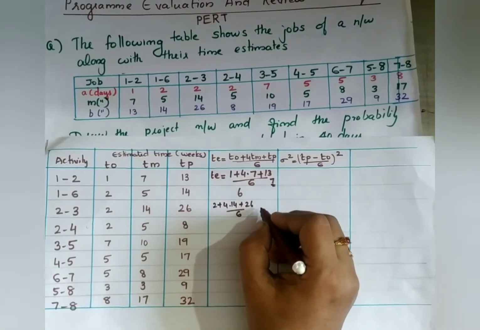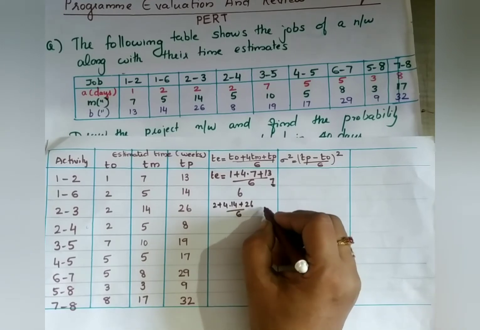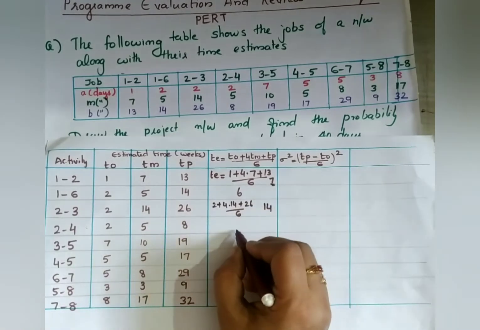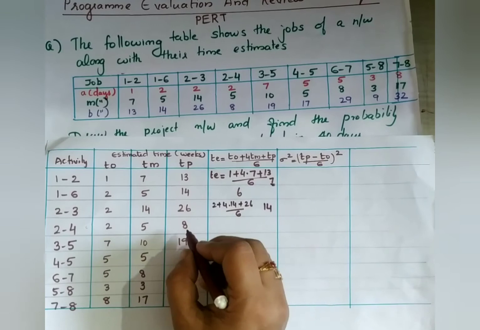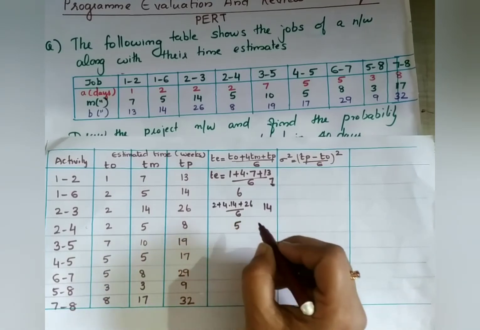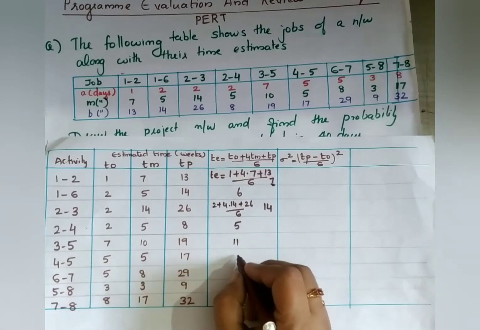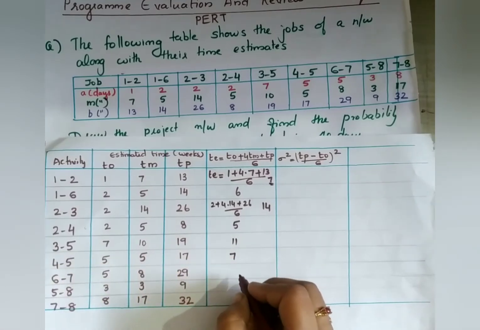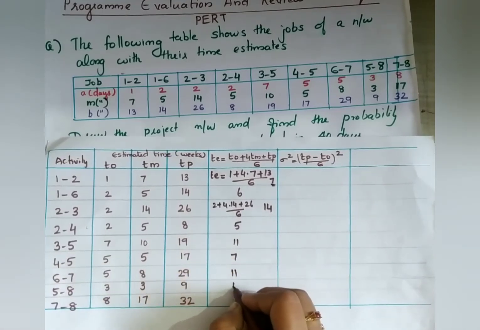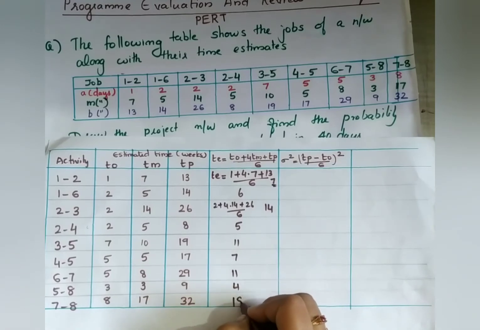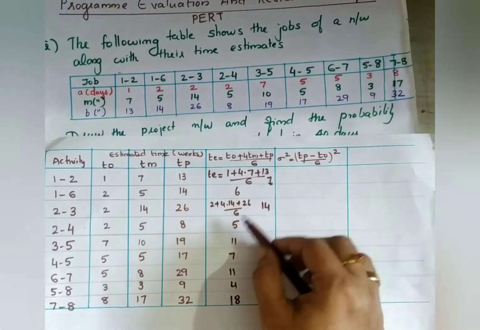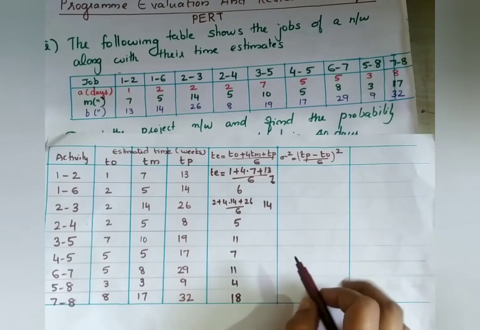So the answer is 14. Like this we can fill in the whole table: 14, here it is 5, 11, here 7, and then 11, 4 and 18.